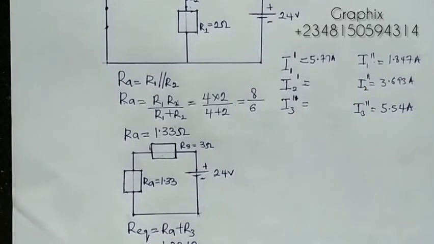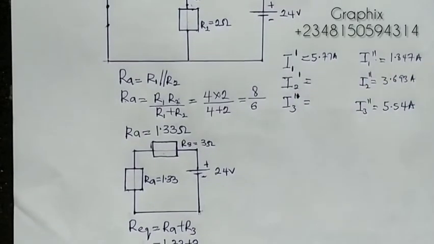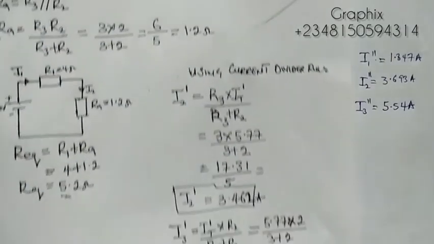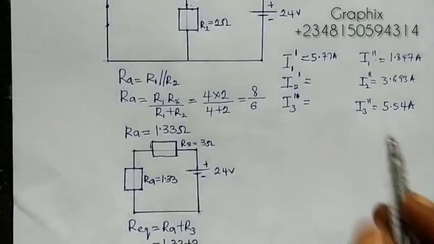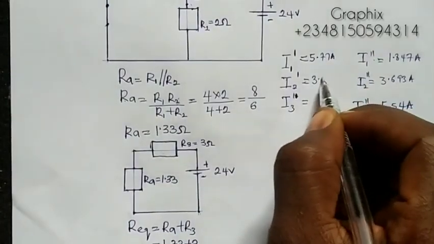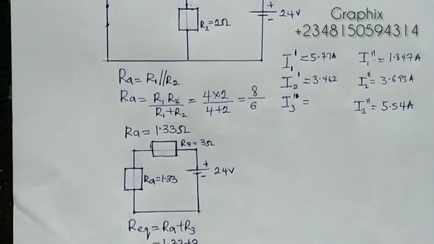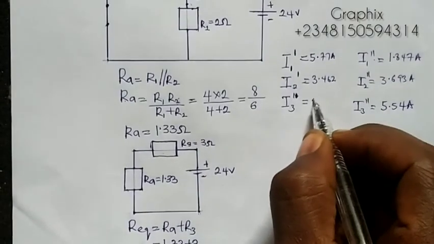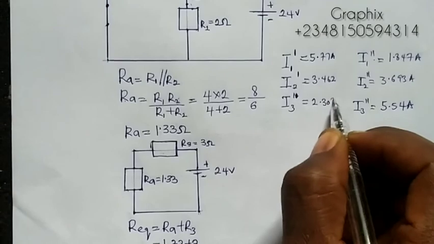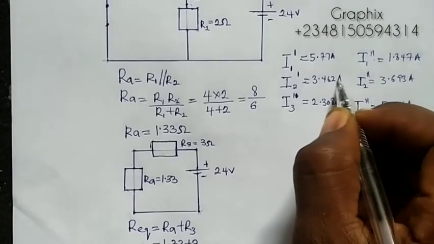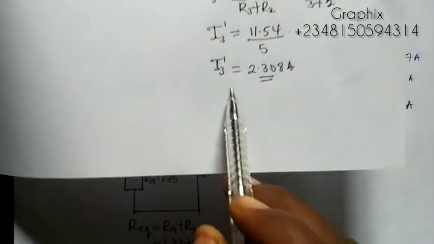Then I2 is given to be 3.462, and I3 is given to be 2.308 amperes. They're all in amperes, right? So that is the I3 here.